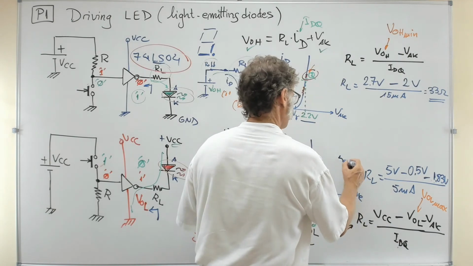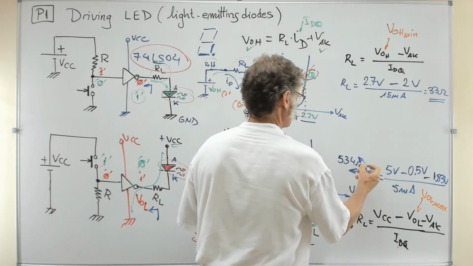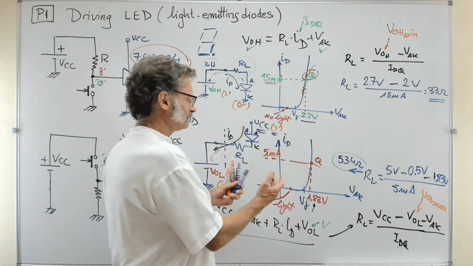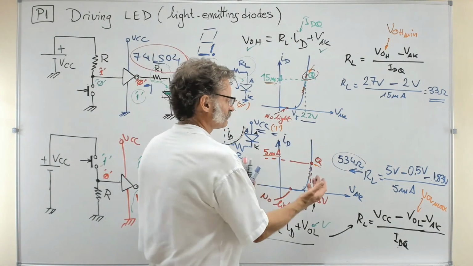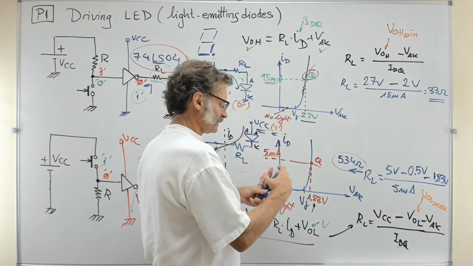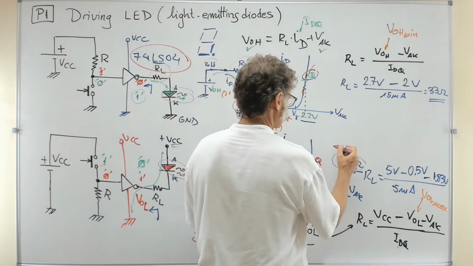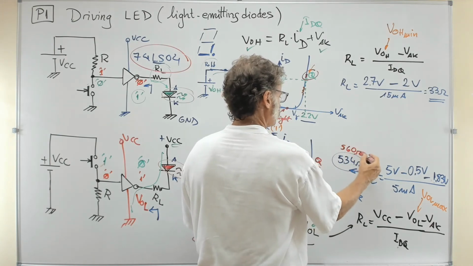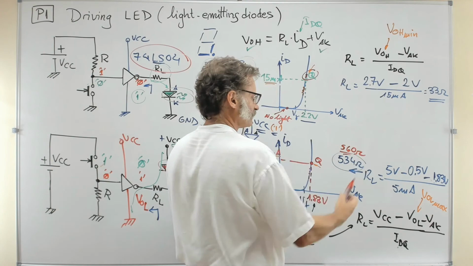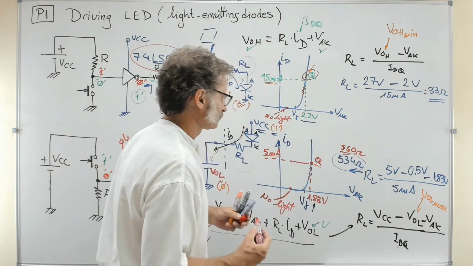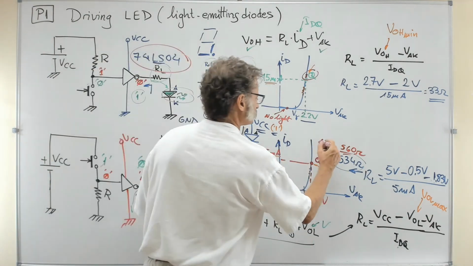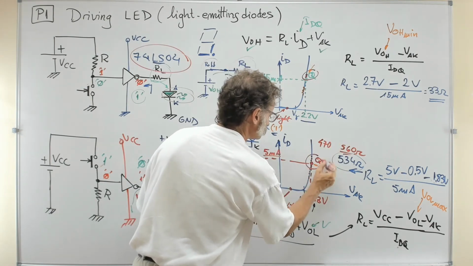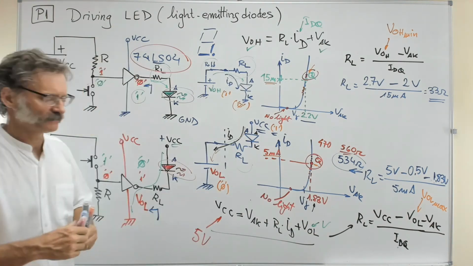This time it is not a normalized value, and indeed it doesn't matter that much, because you may very well use something in between, for example 560 ohms, that is okay, or 470. It is just going to mean a little bit more or less current than the one expected, but light, okay?